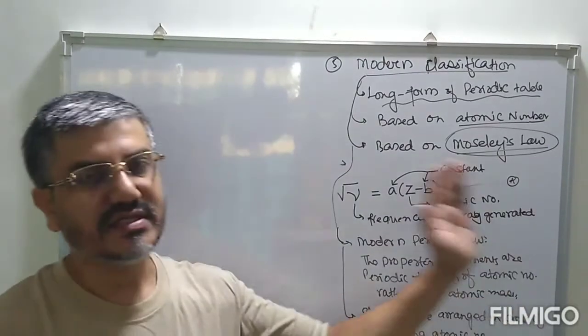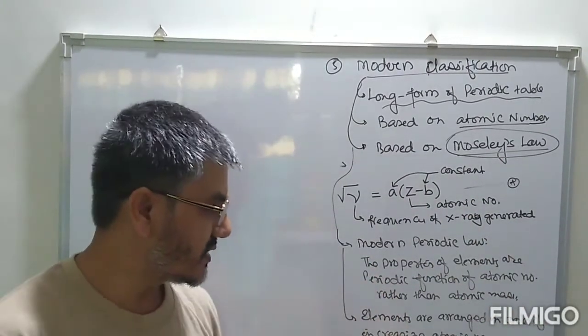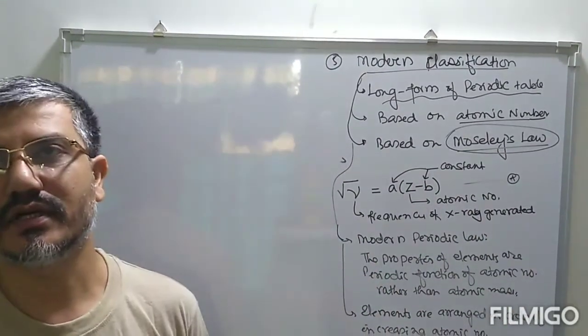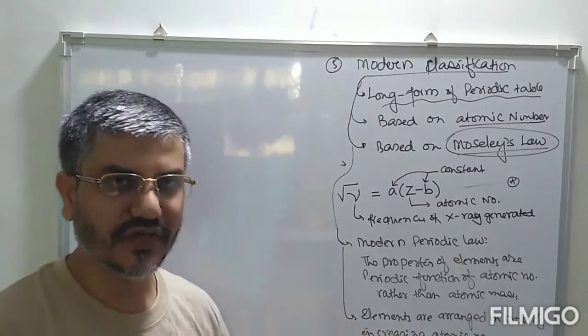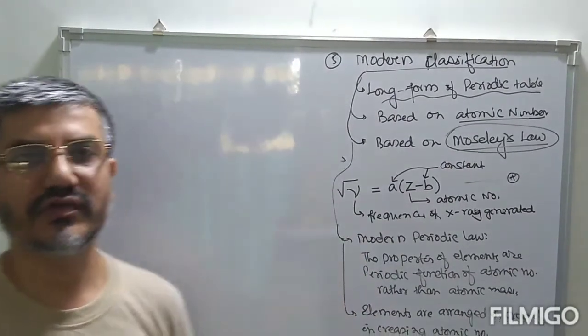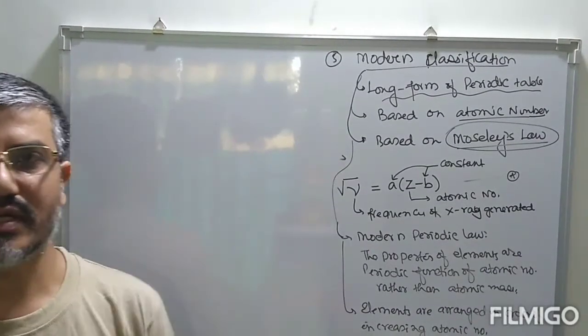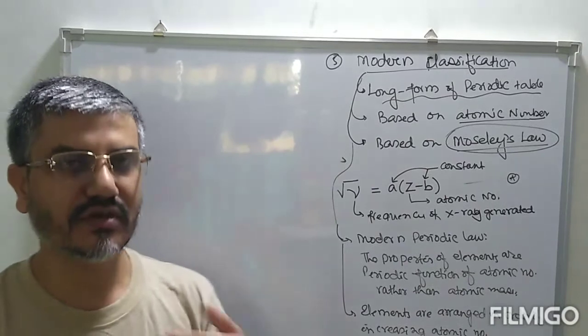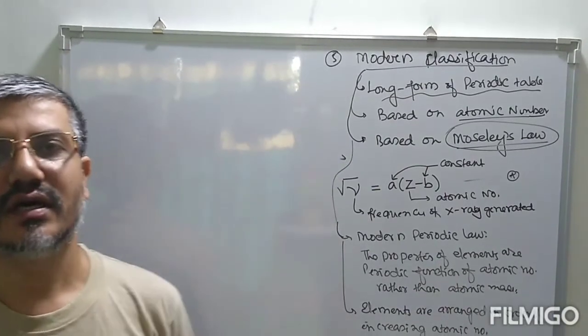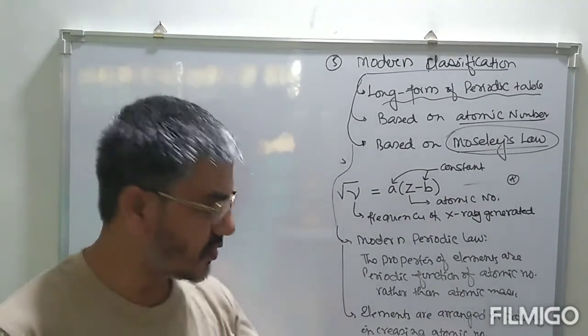While these elements are arranged in order of increasing atomic number, elements with similar electronic configuration were found to have similar properties, and there is repetition of elements after a certain atomic number.